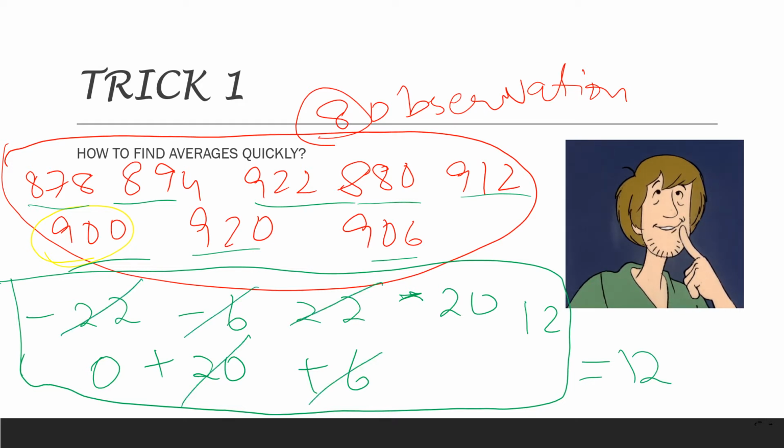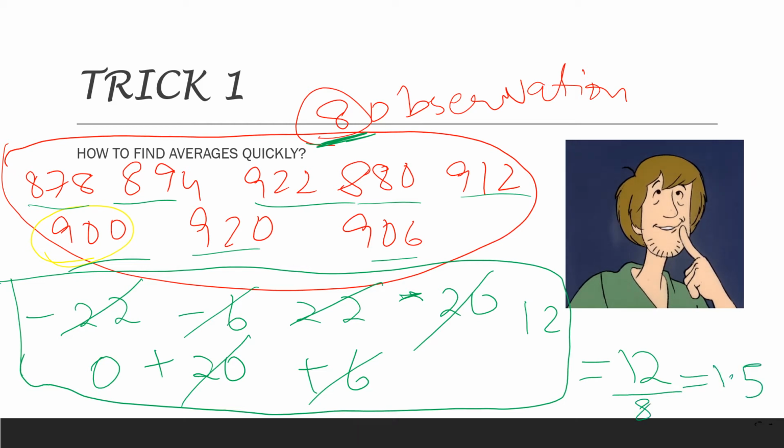It's not mandatory that in all cases there is cancellation, but in the example we have taken, there is. Now divide this 12 by the number of observations, which is 8, which gives us 1.5.